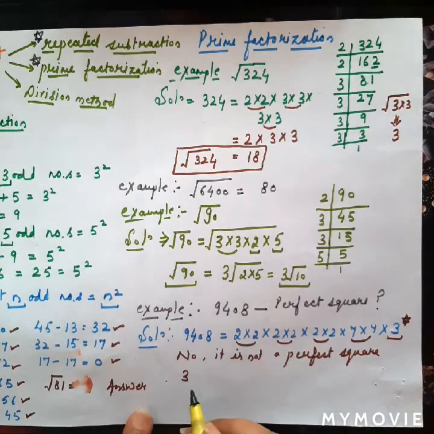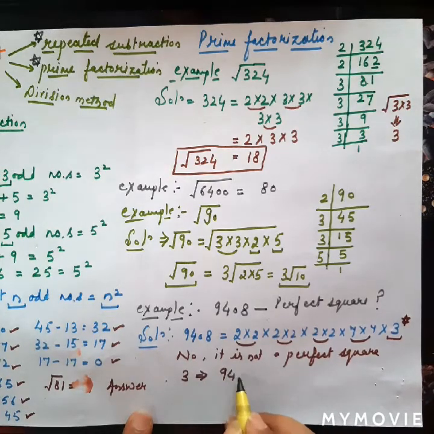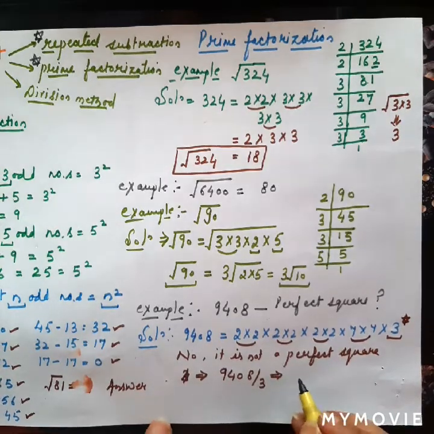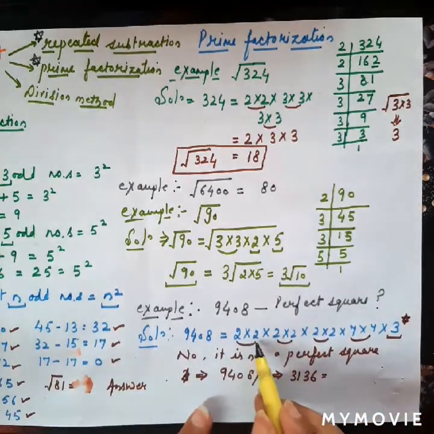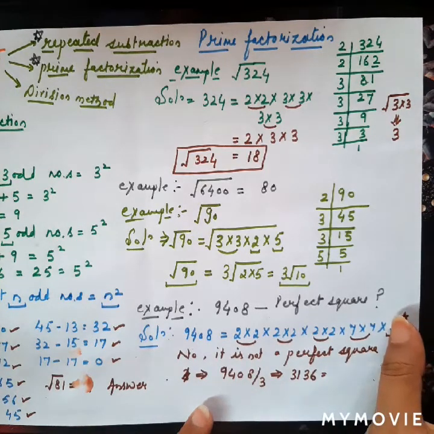So if I have to divide 9408 by 3, then this will give us the value 3136. So it will have these pairs. There will not be 3 because we have divided this number by 3 and it has been cancelled out.